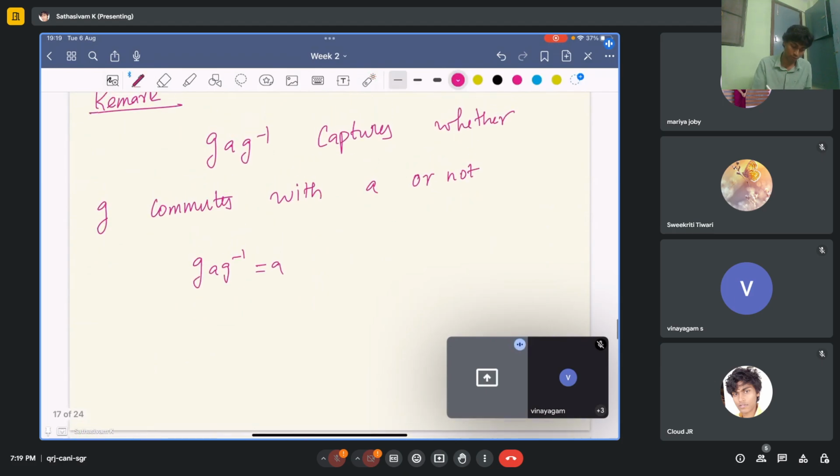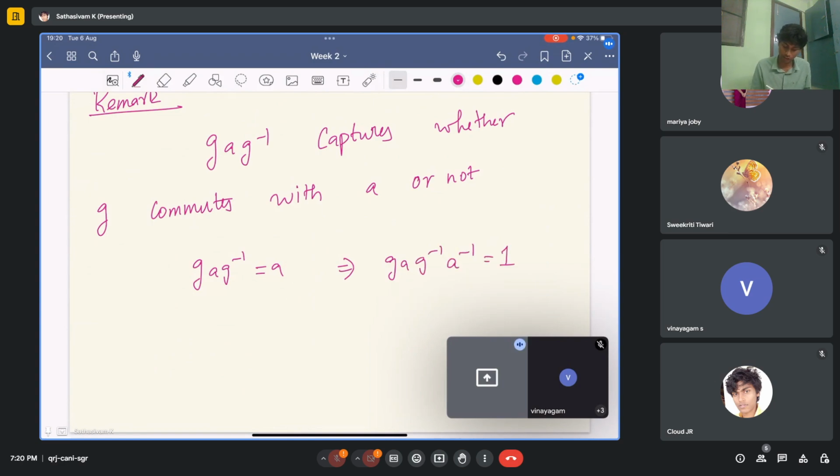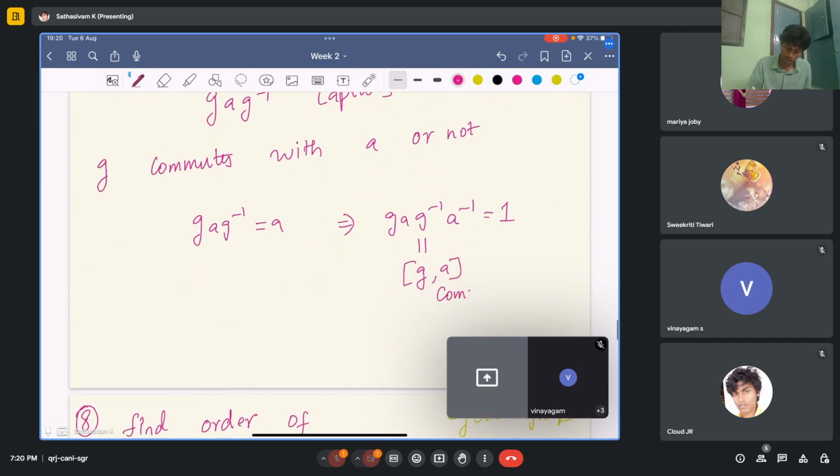And sometimes what people do is they just modify this a little bit. So suppose g and a commute, if you modify a little bit, what you can write is gag inverse a inverse equal to identity. You can write here. Okay, and people give this a symbol. It's called [g,a], and they call it a commutator.